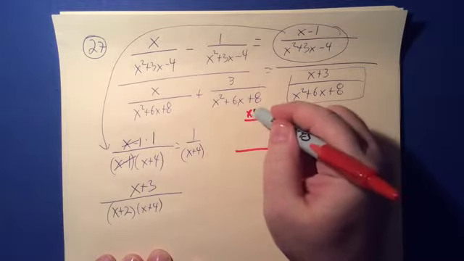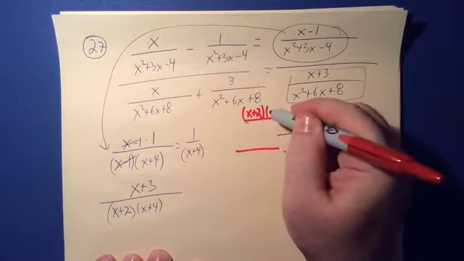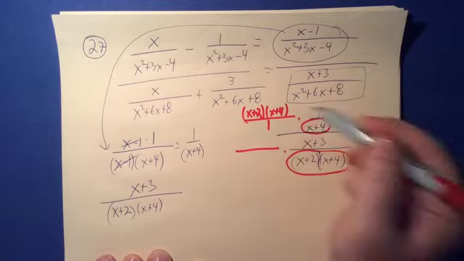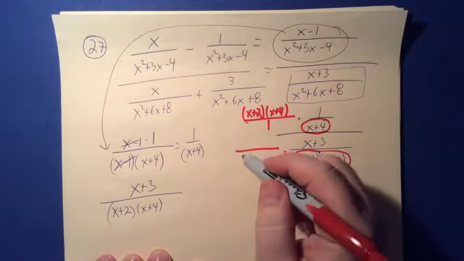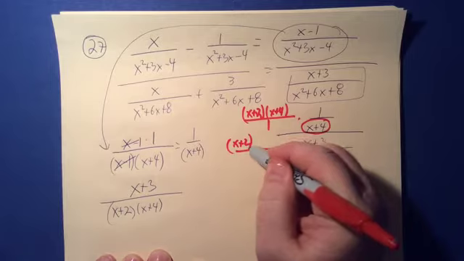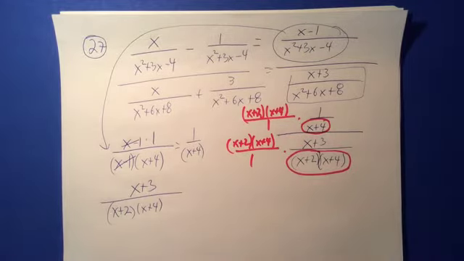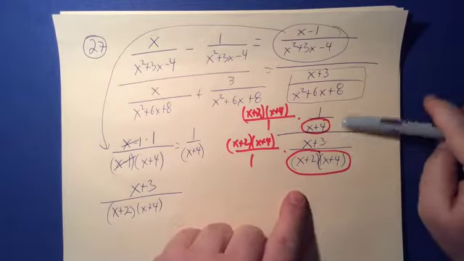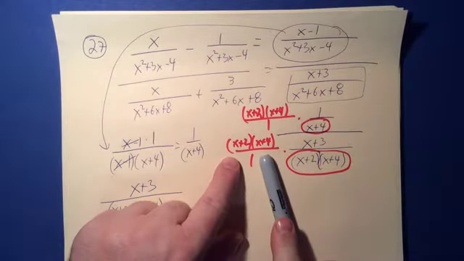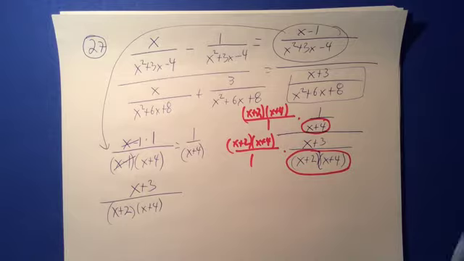So the x plus 2 times x plus 4 over 1, and then x plus 2 times the quantity of x plus 4 over 1. By doing this, for these two denominators, x plus 2 times x plus 4 is the least common denominator. Again, if you feel like you need to write this down in separate steps, please go ahead and do so, because this is getting more complicated.